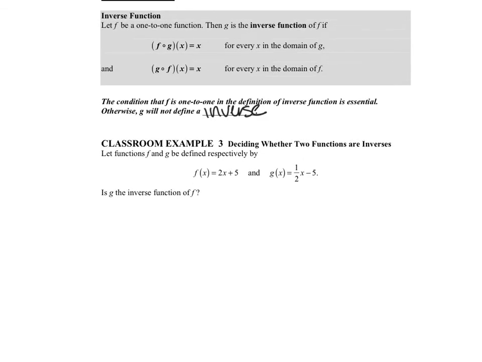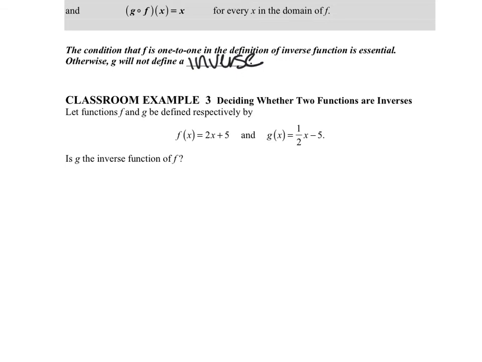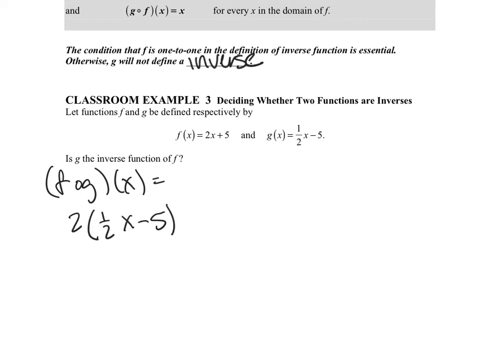So on this first one, we're going to do f of g of x. Remember, that means the second one goes in the first one. So 2 times (1/2 x minus 5) plus 5. So I get x minus 10 plus 5, which gives me x minus 5.